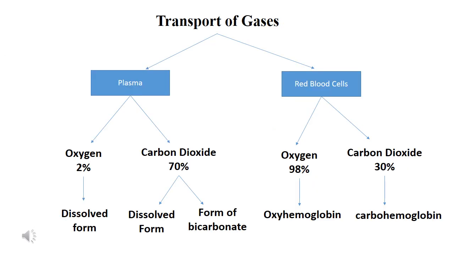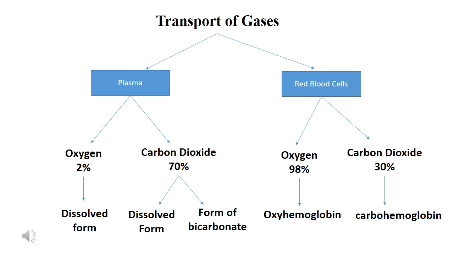This slide summarizes all the important ideas that should be remembered. So, the constituents of blood responsible for the transportation of gases are the plasma and red blood cells. Both the plasma and red blood cells can carry oxygen and carbon dioxide. Oxygen is transported via the plasma in a dissolved form.